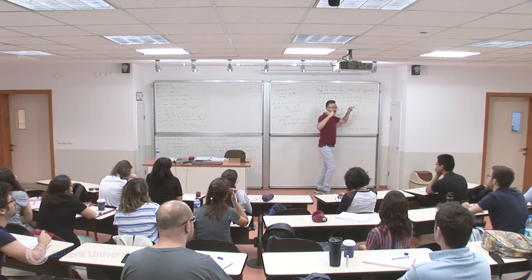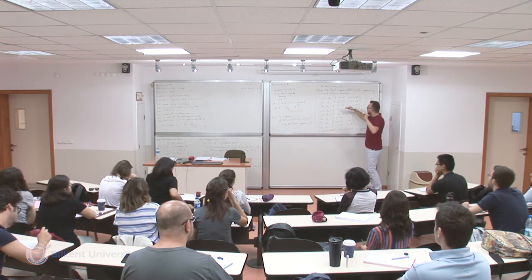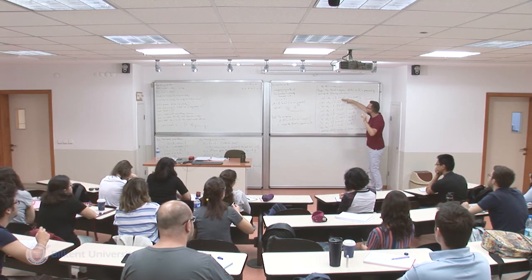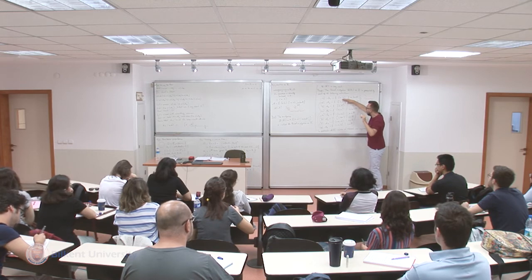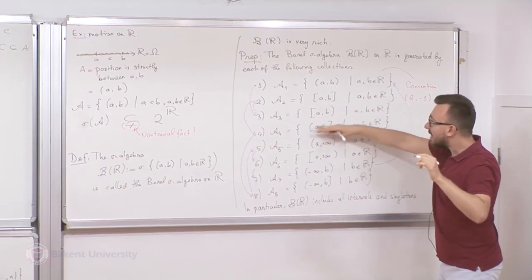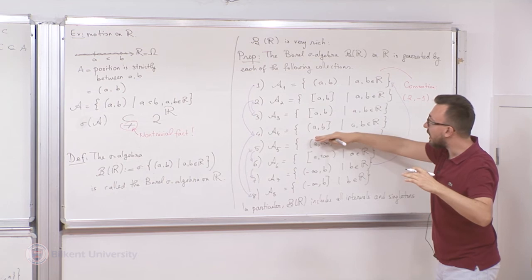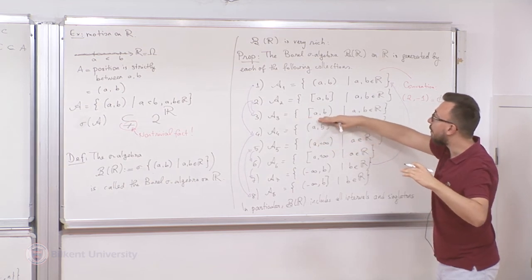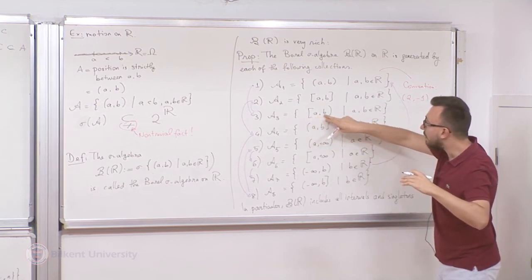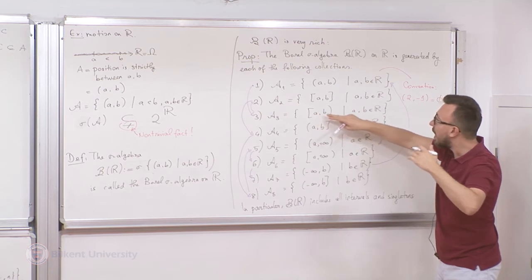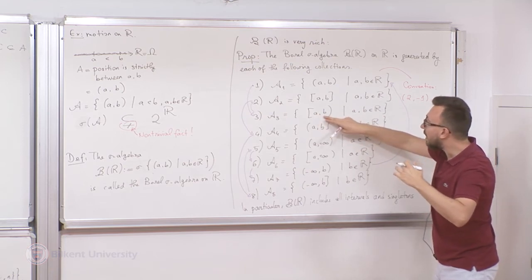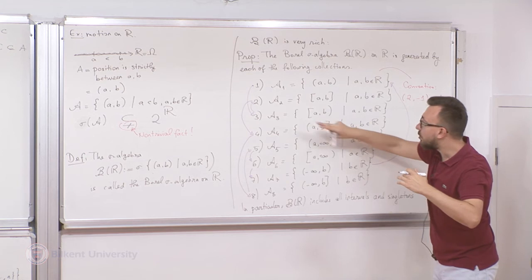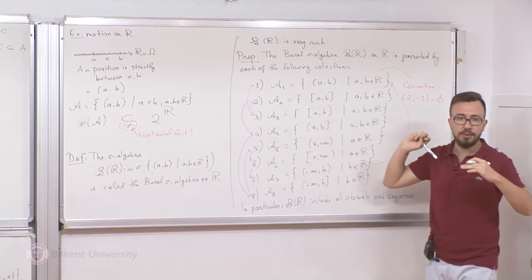Here's what we're trying to do. We'd like to be able to write down (a, b] as a countable union or intersection of sets of this form. They don't have to be a and b exactly. I can replace a and b with different numbers, but the point is that this left part has to be closed and the right part has to be open.